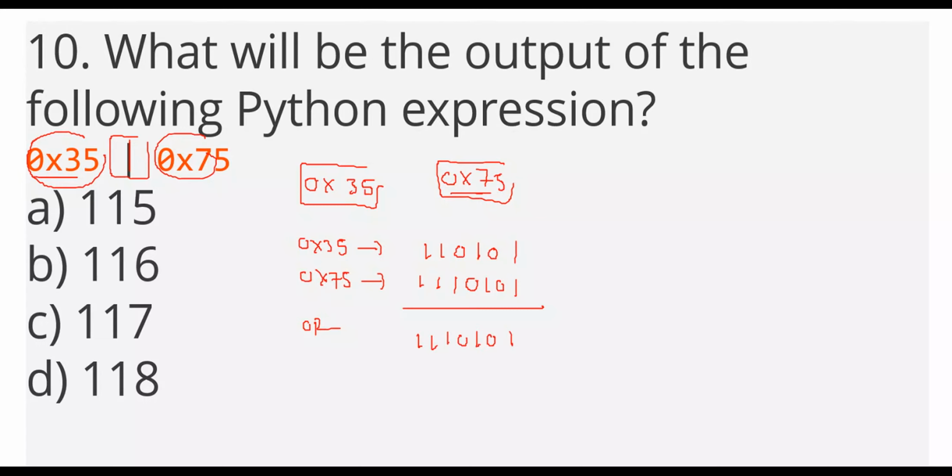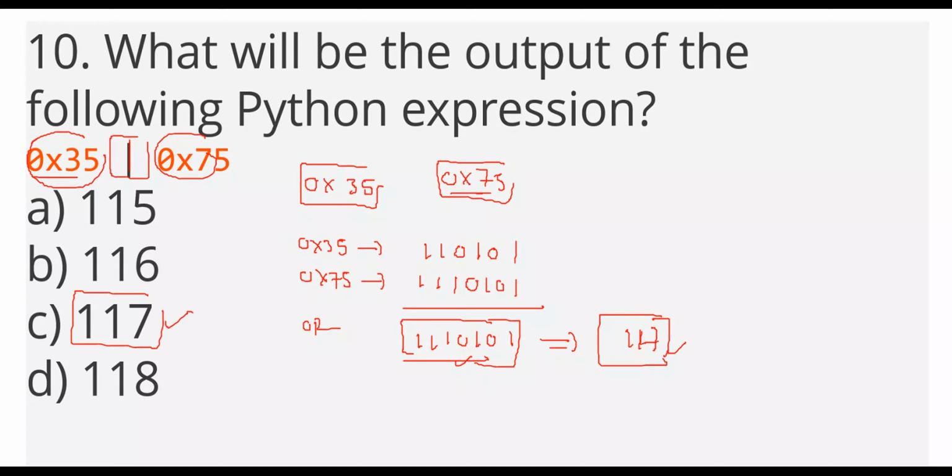If both are ones, 1; if both are zeros, the answer will be 0. So after performing the OR operation between these two numbers, you will get this one. The decimal equivalent of this number is 117. So 117 will be the answer for this.